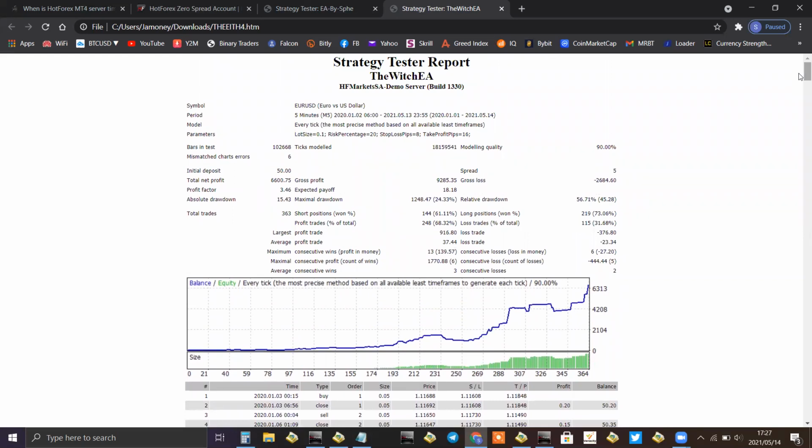So yeah, that's it. Like I said, the risk is 20%, so you can adjust the risk, and it will adjust the stop loss for you however you want.